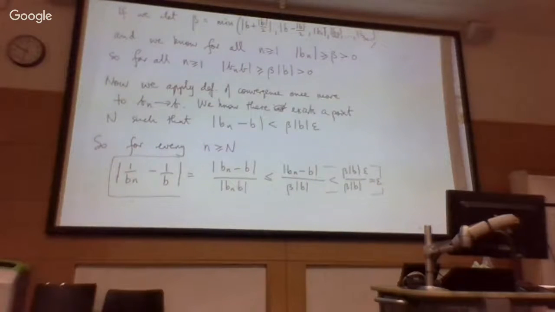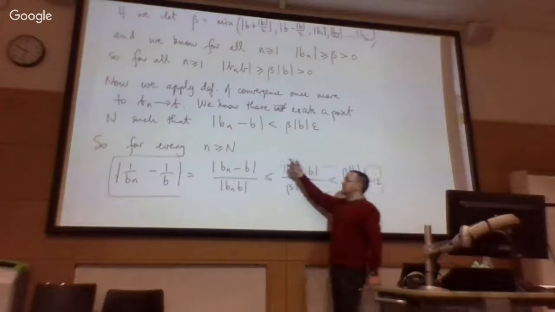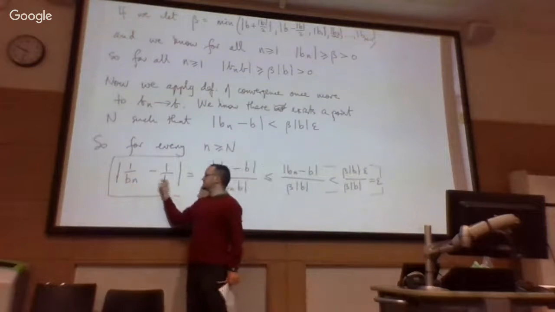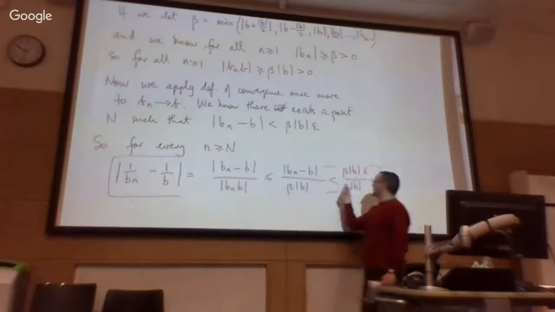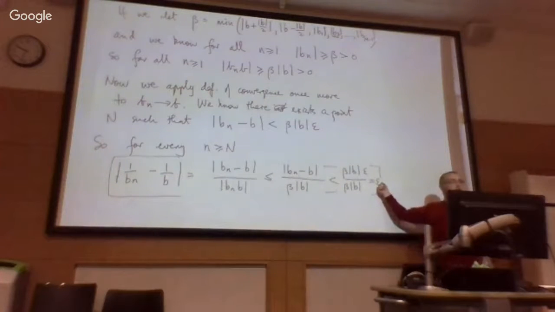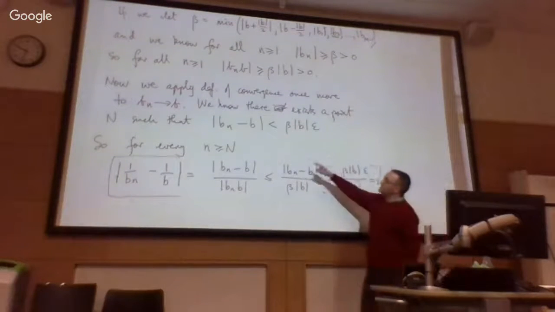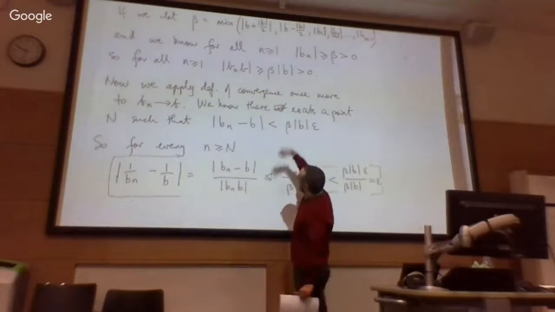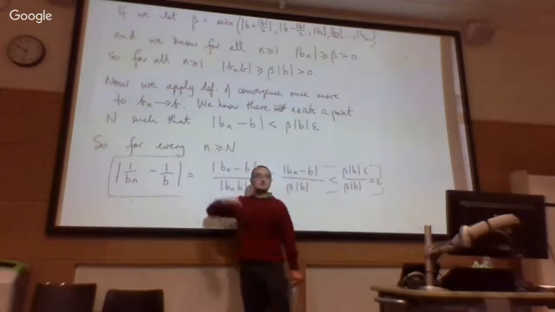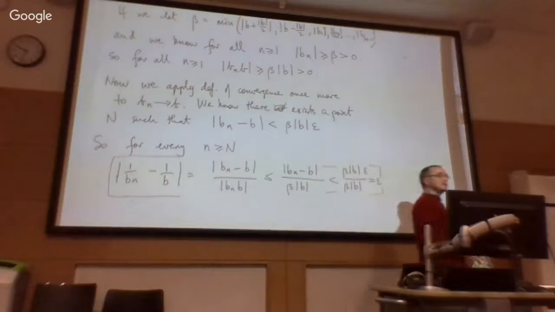If you look back to part 3 in the guidance, part 2 in the guidance sheet, this is what I declared that I have to prove. I have to find the point capital N such that this absolute value is strictly less than epsilon. Okay? And I found it. The point capital N exists because I got it from the definition of convergence for the sequence Bn itself.